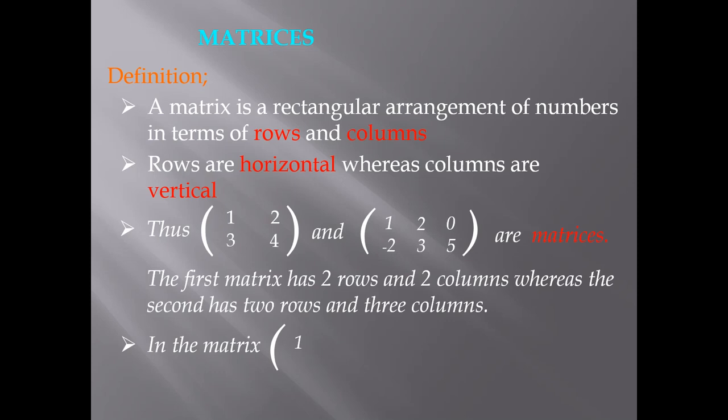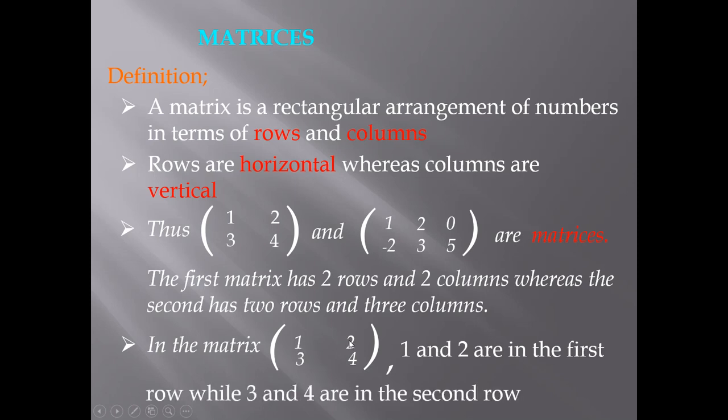So in a matrix, when I consider this matrix here, the elements 1 and 2 are in the first row, whereas the elements 3 and 4 are in the second row.